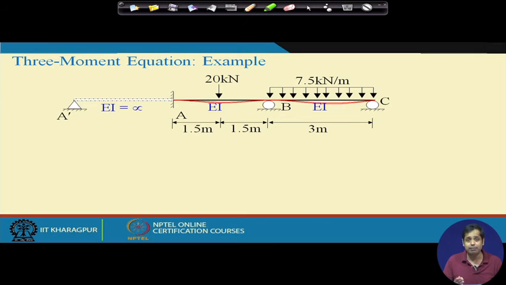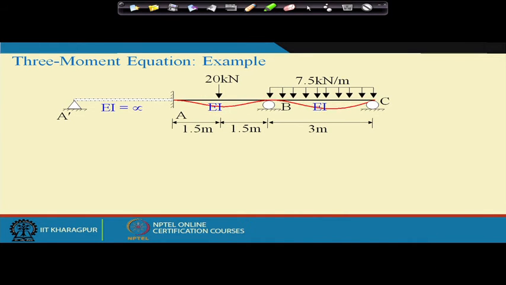You can solve this by applying the three moment equation and get the solution. I am not giving you the solution here, I am just discussing how you can solve it. There are similar examples given in the book. You can go through those examples and practice them. But the concept behind applying the three moment equation for this kind of problem is this.